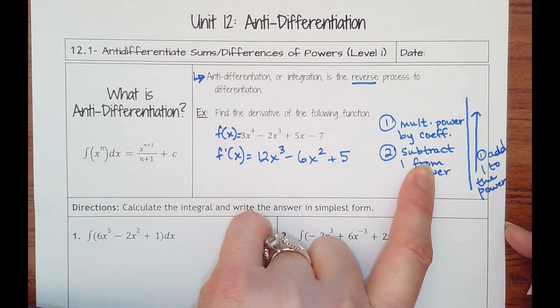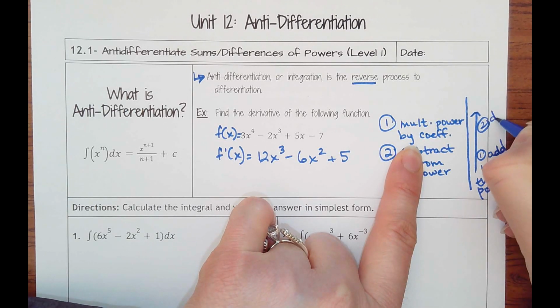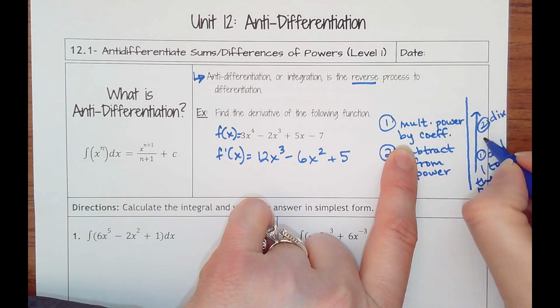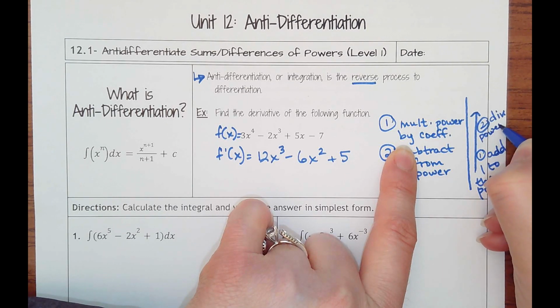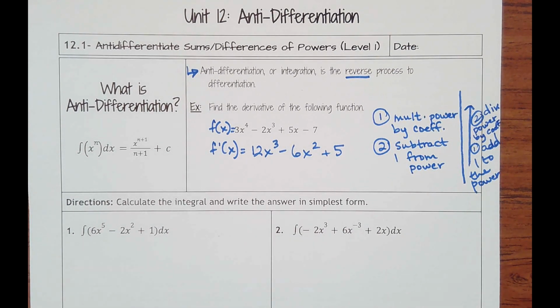So that'll undo that. Then the next thing we want to do is to undo the multiplying. Well, the opposite of multiplying is divide the power by the coefficient. So yeah, that's kind of sloppy, but that's where the premise comes from.